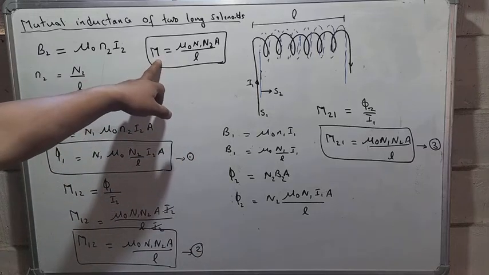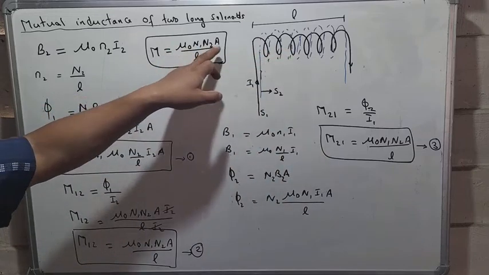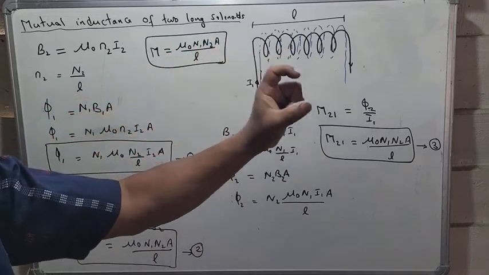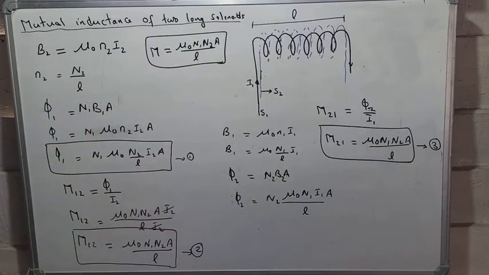This mutual inductance depends upon the number of turns of the two solenoids, the common area of cross section of the solenoids, and the length of the solenoid.